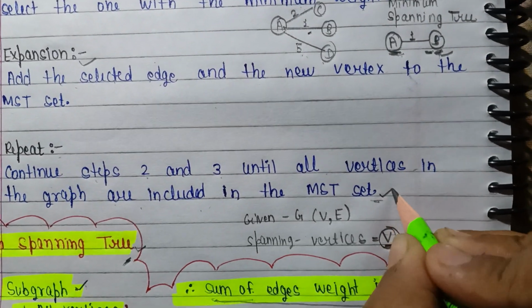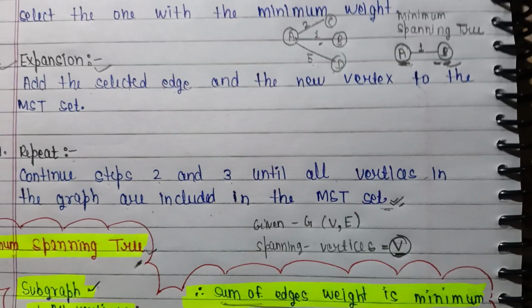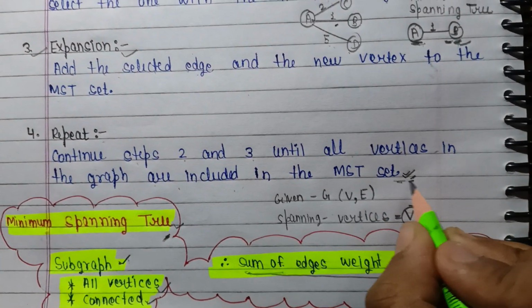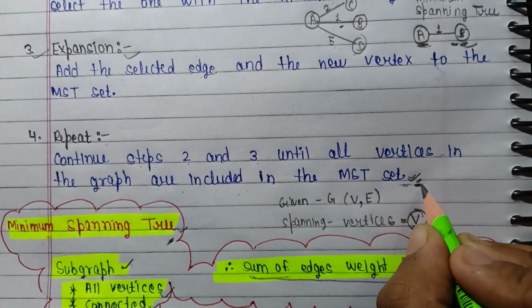So when our vertex counts are equal, we simply say that our minimum spanning tree is complete.